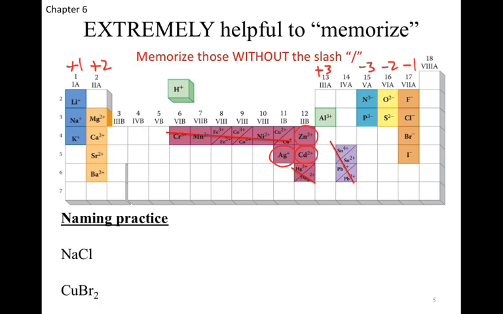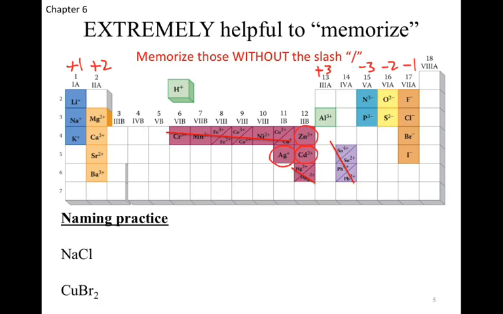Zinc will always be +2, cadmium will always be +2, silver will always be +1. Why is it helpful to know that? Because when you write out a compound or an ionic bond with those elements, you don't have to specify their charges with Roman numerals. That information is removed from the name, so you don't have to stress about it. That can make things a little bit easier as far as naming.